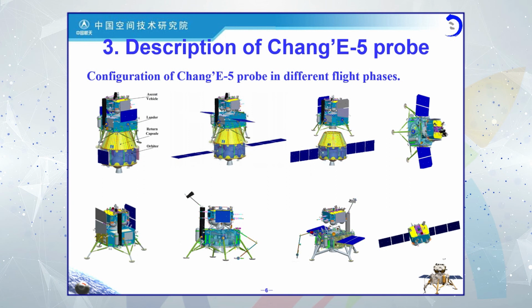Then the last one in the first row is the flight configuration of the complex of ascent vehicle with lander on lunar low orbit. In the second row, it is in turn the powered descent configuration of the complex of ascent vehicle and lander, operation on the lunar surface, the liftoff configuration of the ascent vehicle from the lander, and the last one is the configuration of the ascent vehicle on lunar low orbit. Next slide, please.